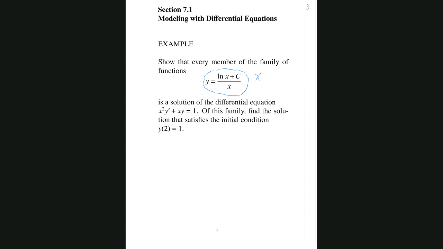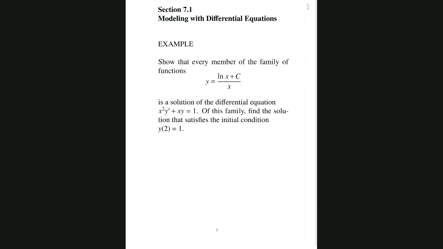Y equals the log of x plus 2 over x is a member of the family. Y equals the log of x minus 7 over x is a member of the family. It's a family of solutions.